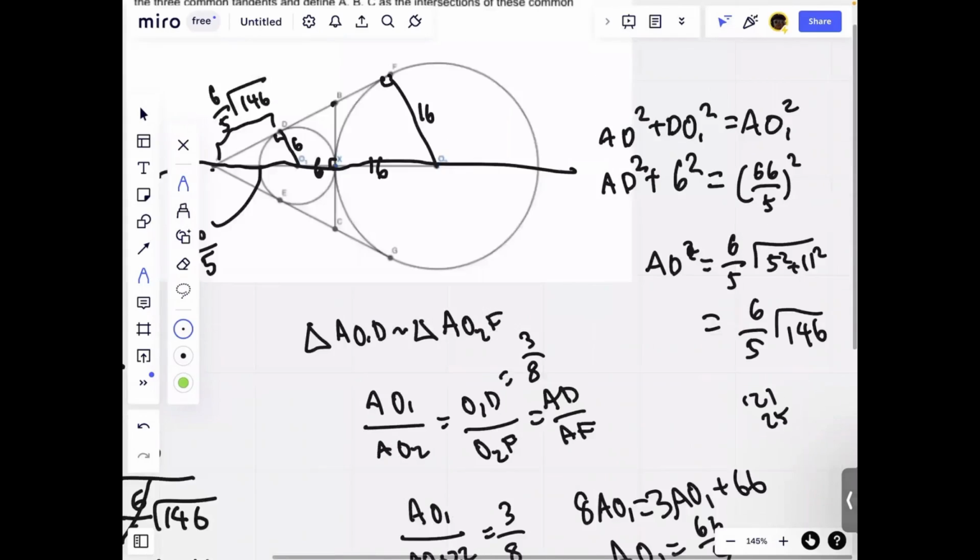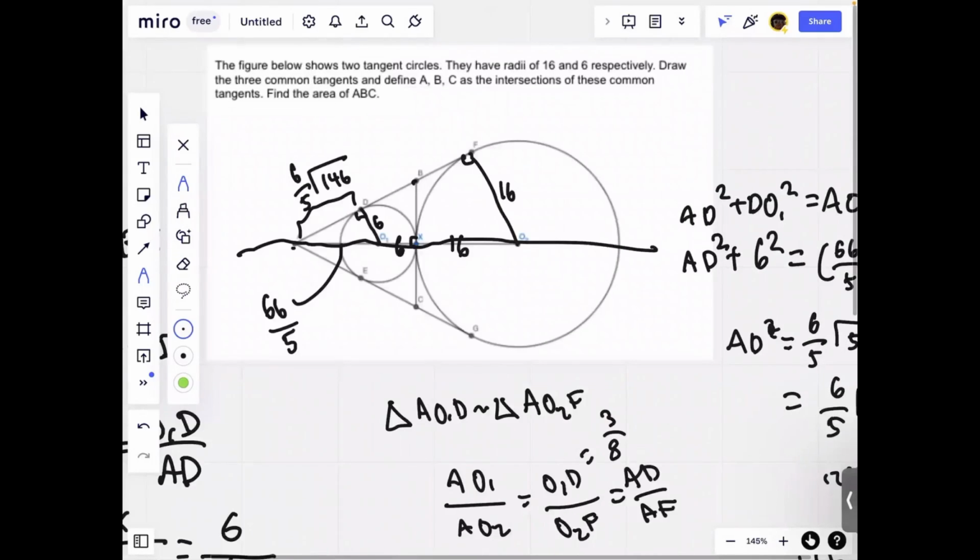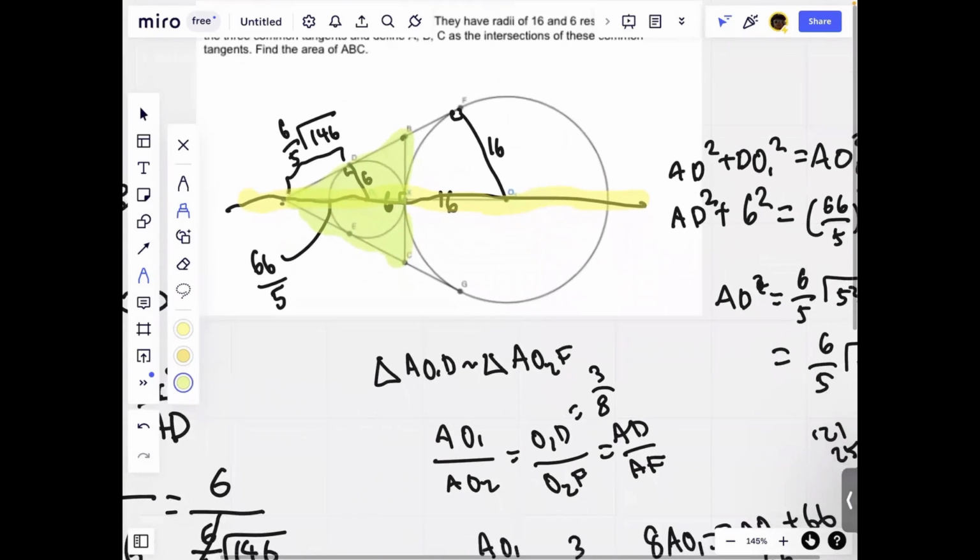So since the entire thing is symmetric along this line, we know that the area of triangle ABC is just 2 times the area of ABX.